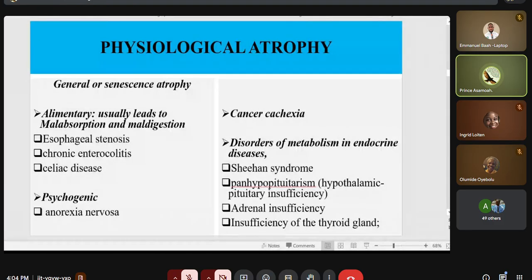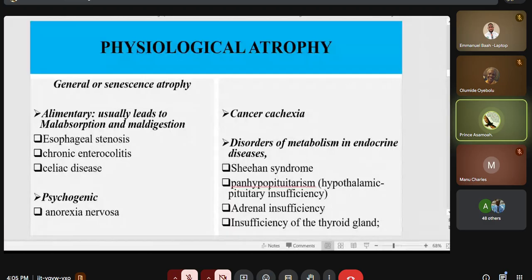So conditions like esophageal stenosis, chronic enterocolitis, and celiac disease have physiological atrophy underpinning them. The pathogenesis may be different, but you have physiological atrophy underpinning each one of these.